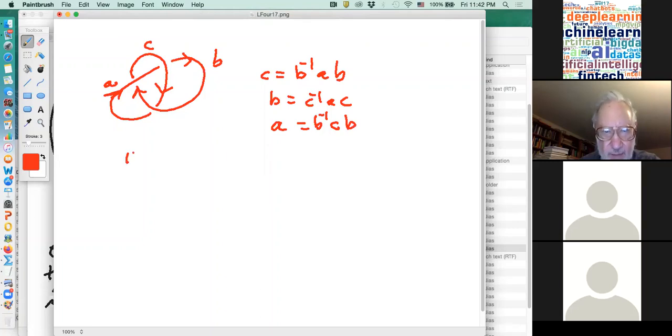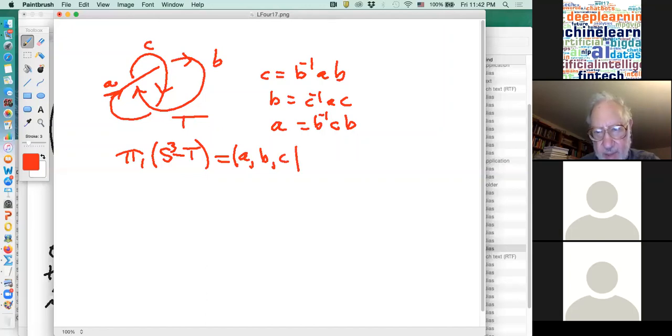So that the fundamental group of the complement of the trefoil knot is given by generators A, B, and C, and relations above.